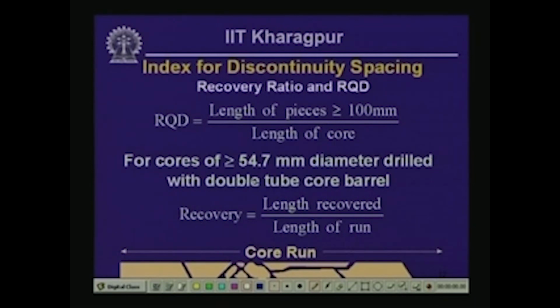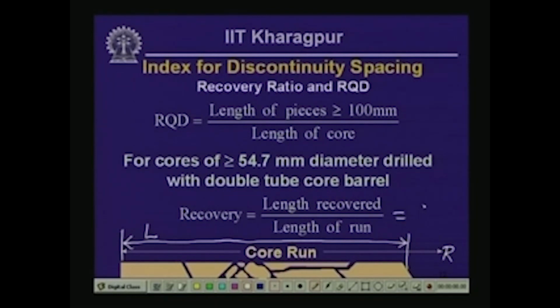Okay. Then let us consider for this sample itself how we are going to express the recovery. Recovery in this case is going to be given by the length of the core recovered, that in this case is this much, and that is going to be divided by the length of the core run.